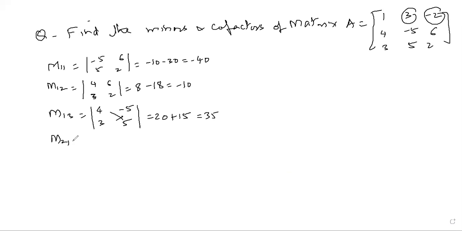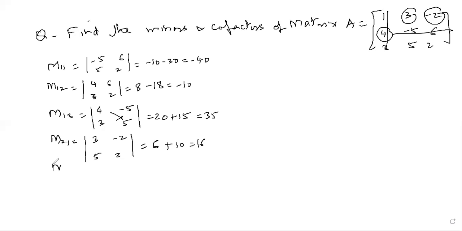M21 is this element, in this row and this column. So leave these. We have 3 minus 2, 5 2. Correct? 3 times 2 is 6, minus minus plus 5 times 2 is 10, so 6 plus 10, 16.